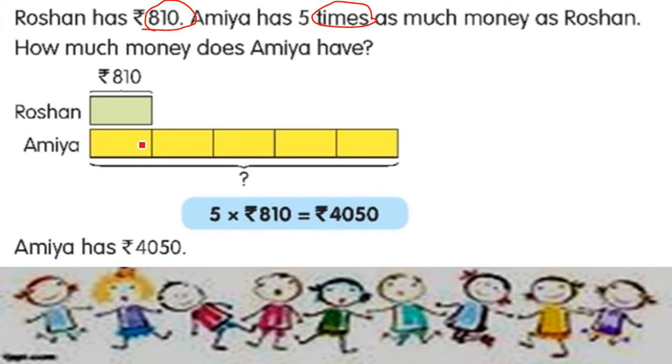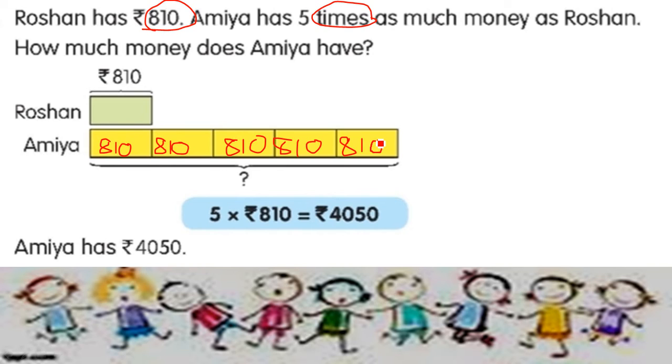It means he has 5 times more. So this is 810, 810, 810, 810 and 810.